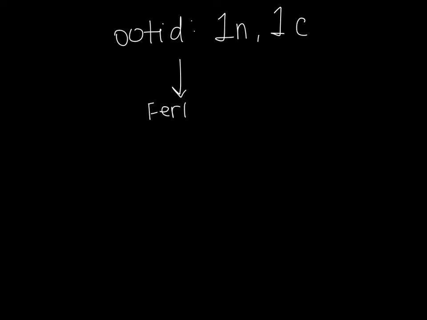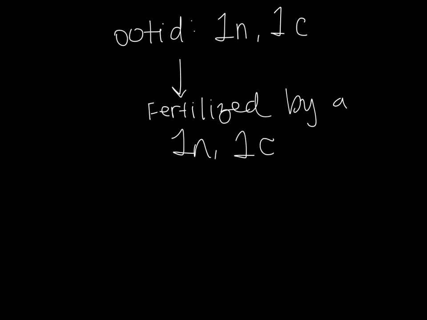That was 1N, 1C, fertilized by a 1N, 1C sperm. And our result is this, the zygote.